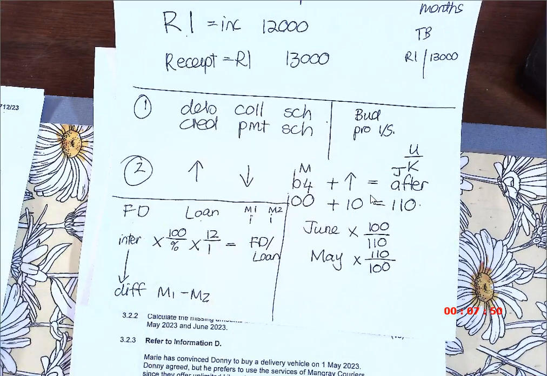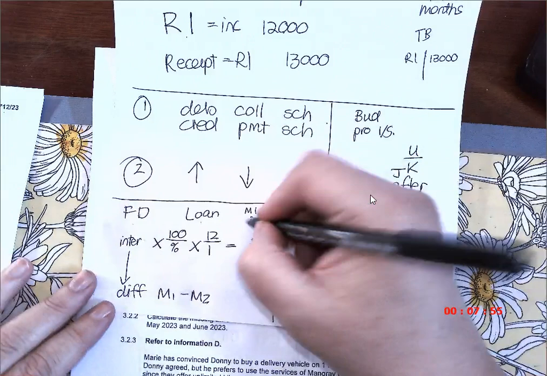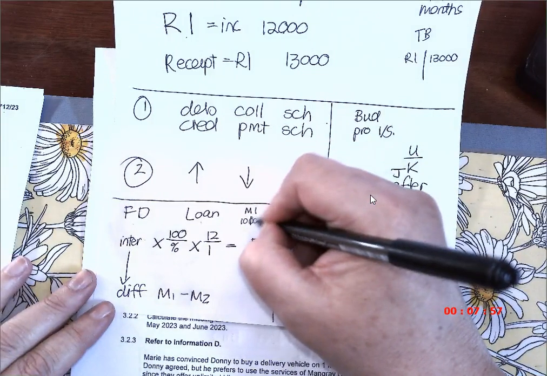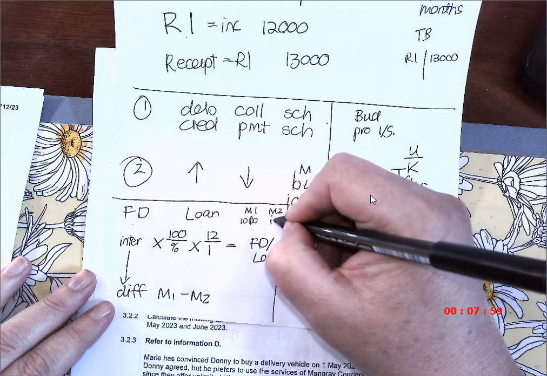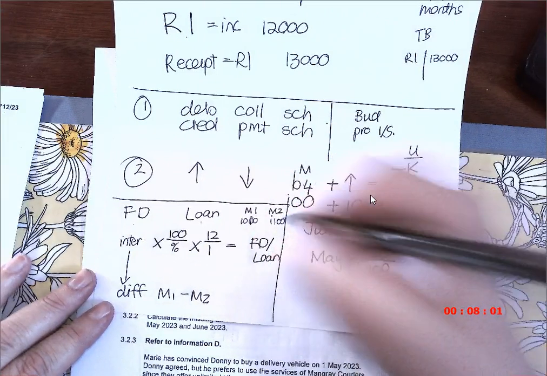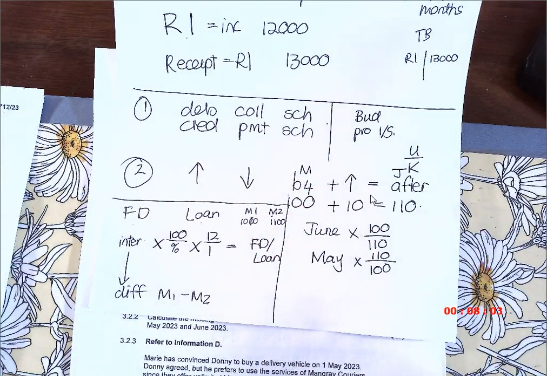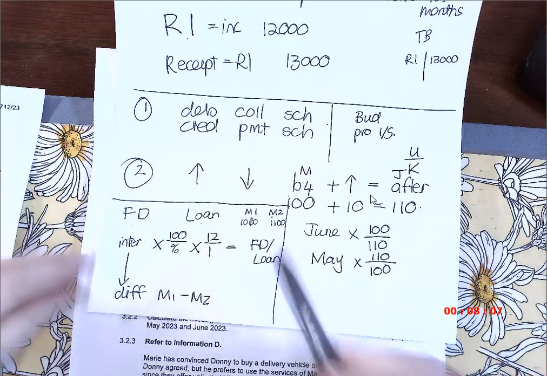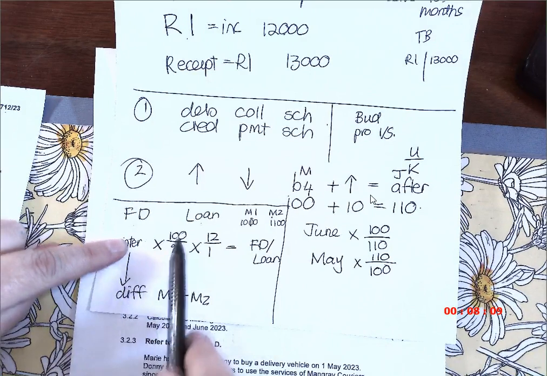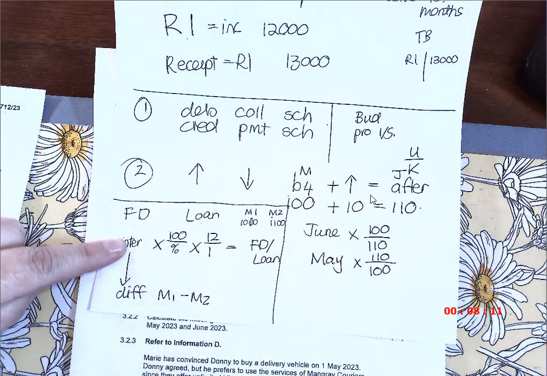So in other words, if they tell me month 1 is 1,000 and month 2 is 1,100, and they ask you to calculate month 1's fixed deposit, I will use 1,000 rand times the same factor.